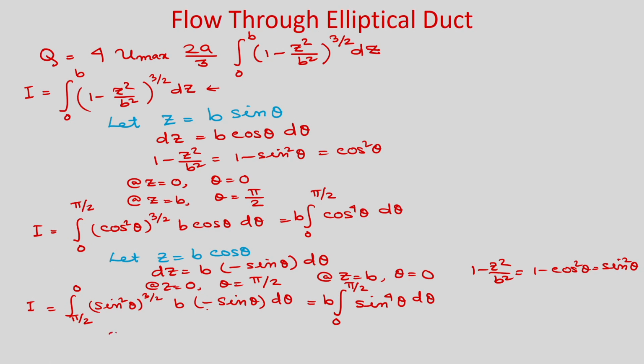If we add these two, then we will get 2I is equal to the integral from 0 to pi by 2, and we have cos 4 theta plus sin 4 theta d theta. Now, let us find the integral. So, 2I we can write as b times the integral from 0 to pi by 2 of cos 4 theta plus sin to the power 4 theta d theta.